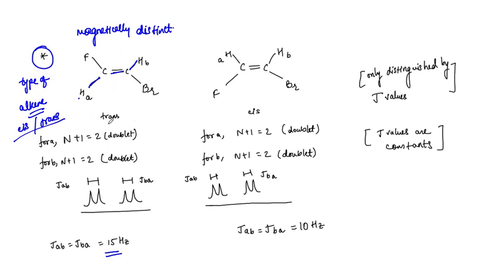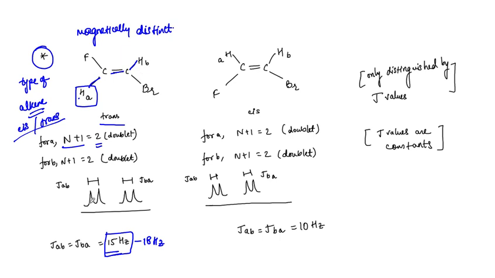So whenever we have a trans molecule, the coupling constant is going to be around 15 to 18 hertz. In various books, various values are given. Okay. So again, let's go back to the same thing, that this proton is going to split its neighbor by the n+1 rule. It is going to give a doublet, and the same goes for this.